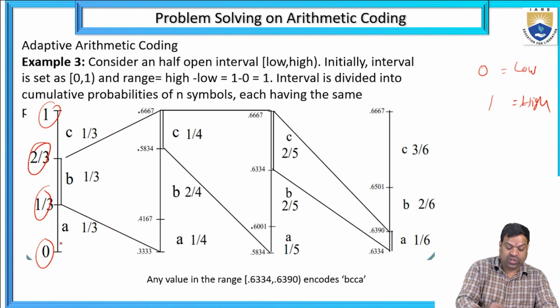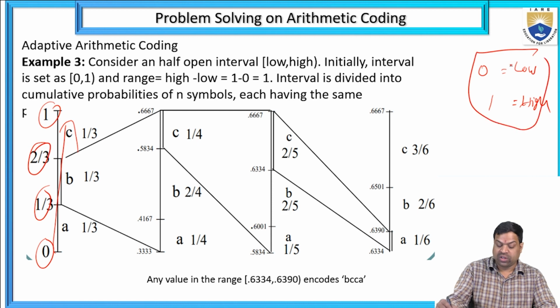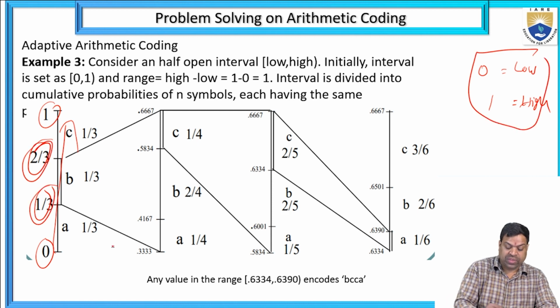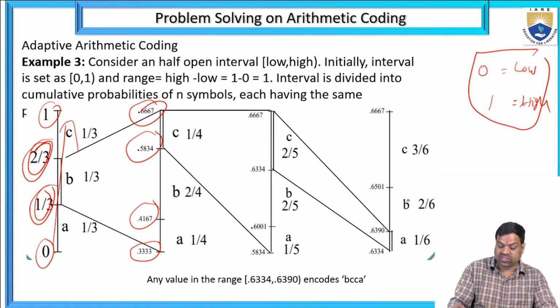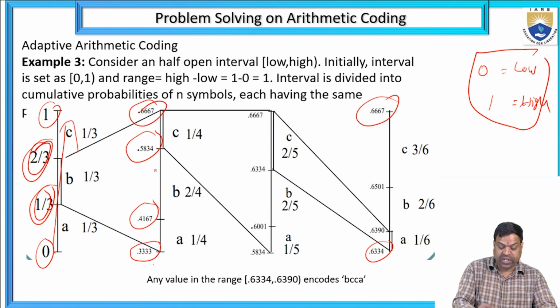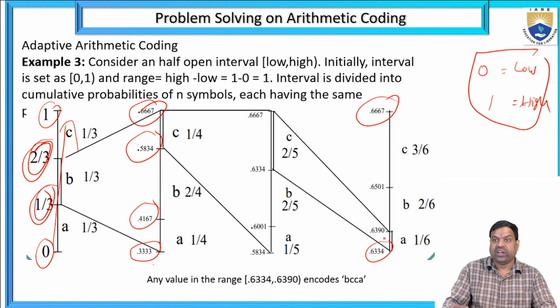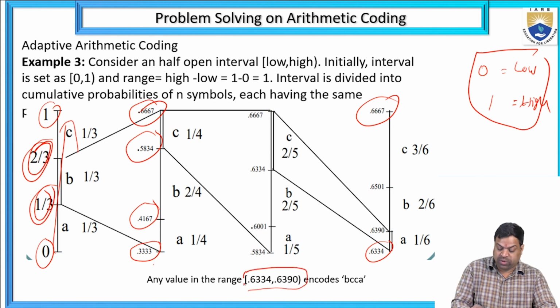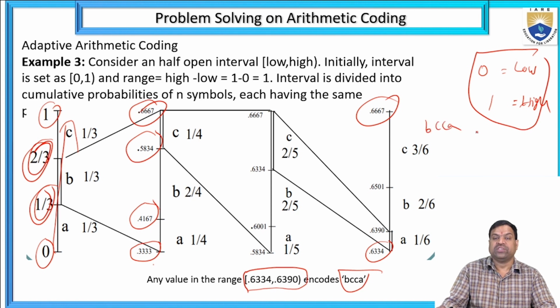The range is like this for ABC between low and high. The exact probability values are 0.33, 0.4, 0.58, 0.6. Finally we get 0.6, narrowing to about 0.63. When these are the nearby values, that is BCCA, the arithmetic coding value.